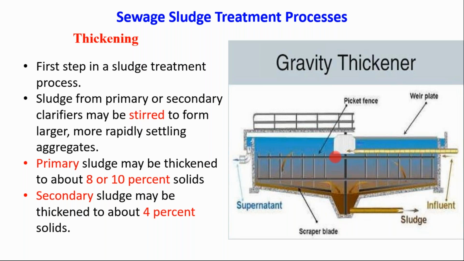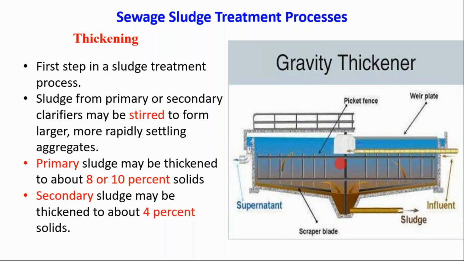From this diagram you can understand that the effluent is the inlet. This effluent is sent to the surface of this thickener, that is the gravity thickener, and these parts can be rotated. The stirring can be done with the help of this motor and shaft assembly, and with these types of blades the total effluent can be stirred.